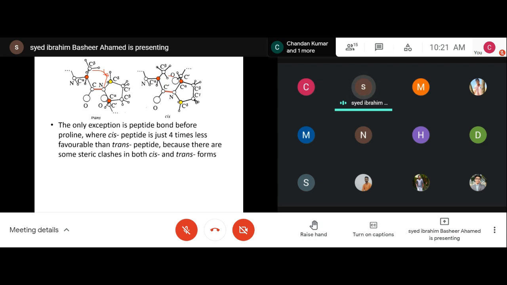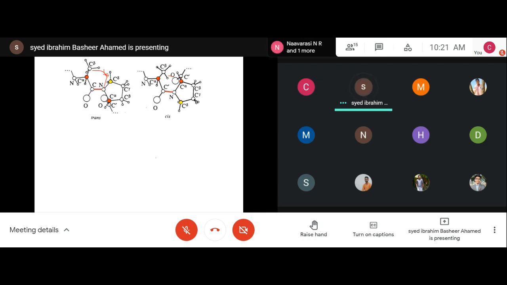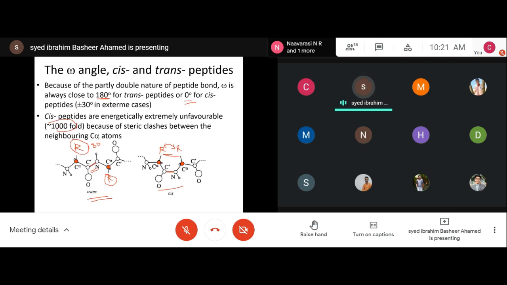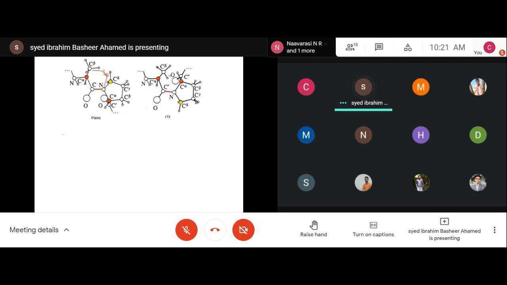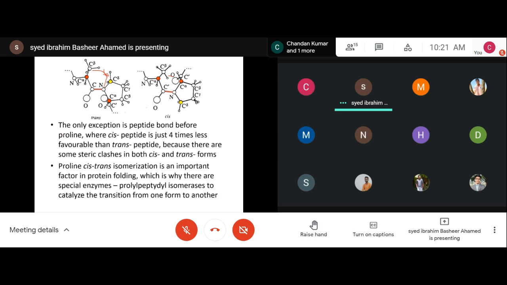Whatever it is, the steric hindrance will be there, but the cis form is just about 4 times less stable than the trans peptide, whereas in other peptides it is 1000-fold. This cis-trans isomerization is very important in certain protein folding.